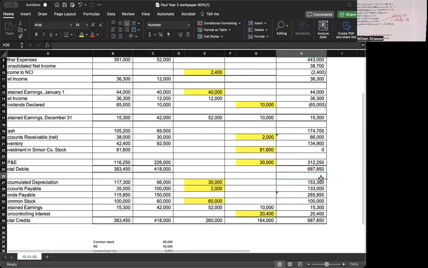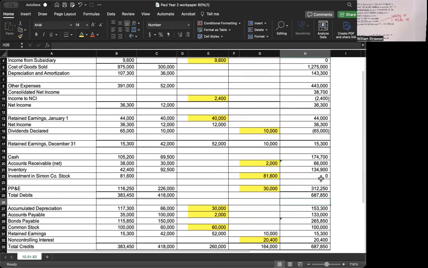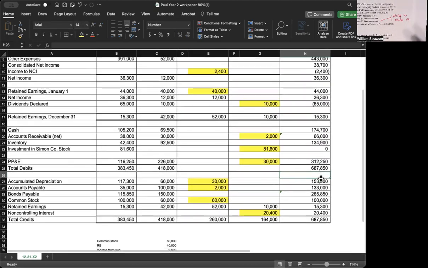All right. This would be the consolidated accounts reported at the end of the year. We do have to make the journal entries for the new pieces I just put in.